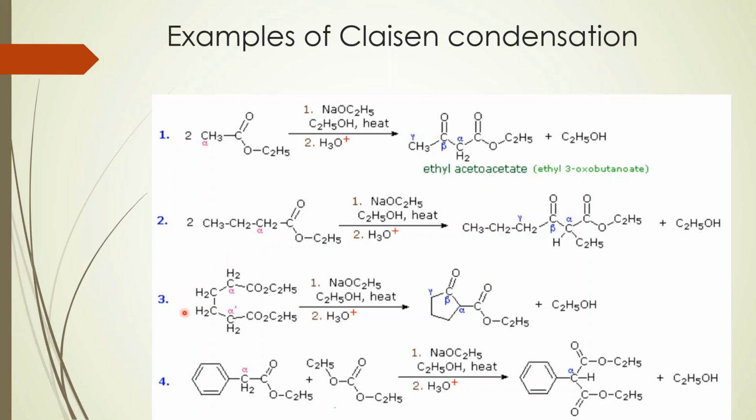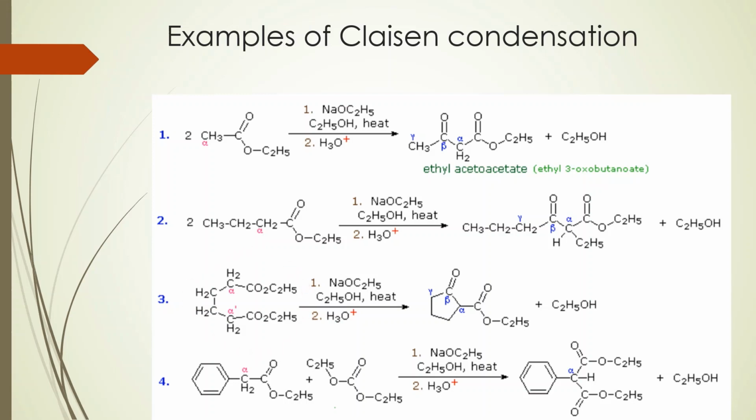In the third example, this is an example of intramolecular Claisen condensation reaction. Why is it known as intramolecular? Because there are two ester groups present in the same molecule. This is the first ester group and this is the second ester group. So we need not have two molecules of ester, because in the same molecule there are two ester groups.